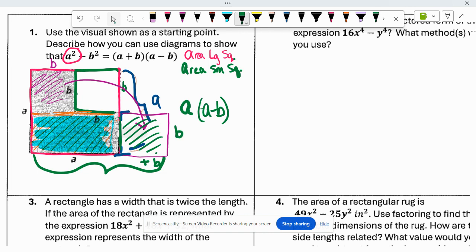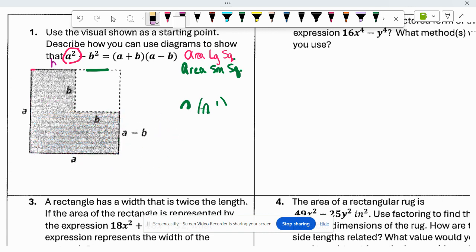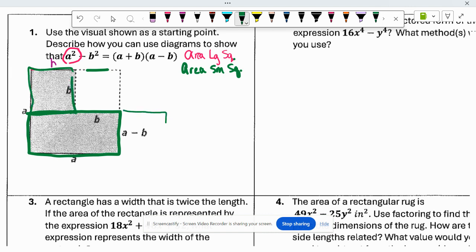So this has a width of B, and this is width of A plus B. So I'm going to erase all of this, and I'm not sure if I'm making this easier for you or harder for you. If you think about this shape, if you take this piece plus this piece by moving this over, are you not going to get the same area as if you'd taken A squared minus B squared? Yes or no? I feel like I'm confusing you on this drawing.